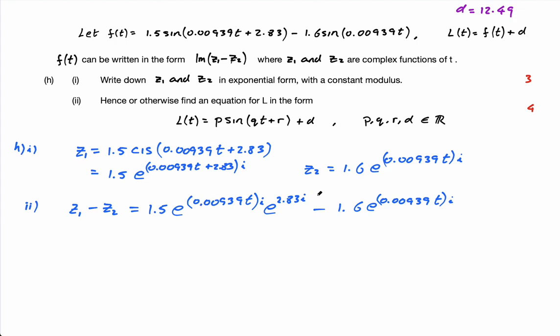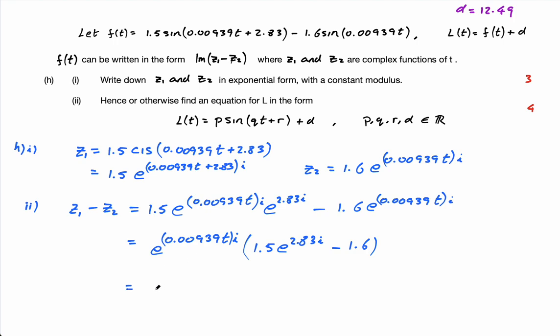And what's common now, I can take out the common factor if you like. That's my e to the 0.00939 t i. So I'm taking that out of here and here. And what's left? Well, my 1.5 is there, my e to the 2.83 i and my 1.6. And this I've taken out of the bracket.